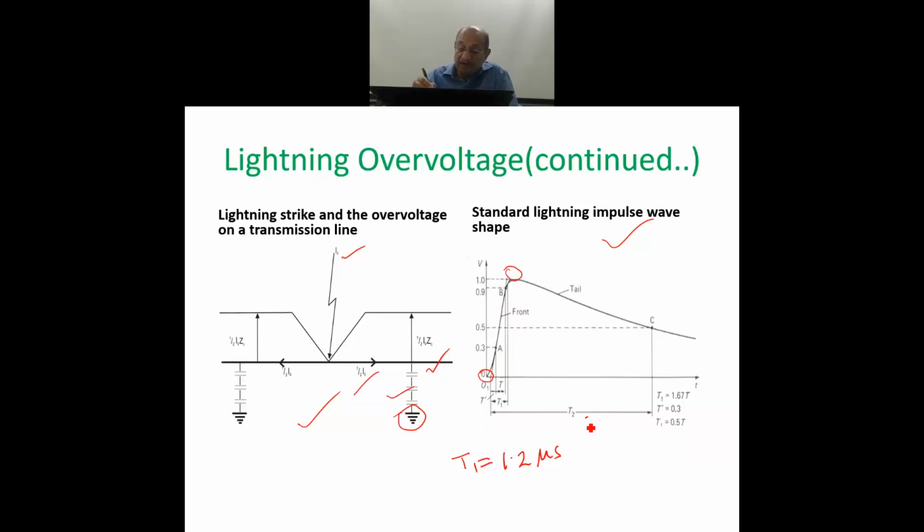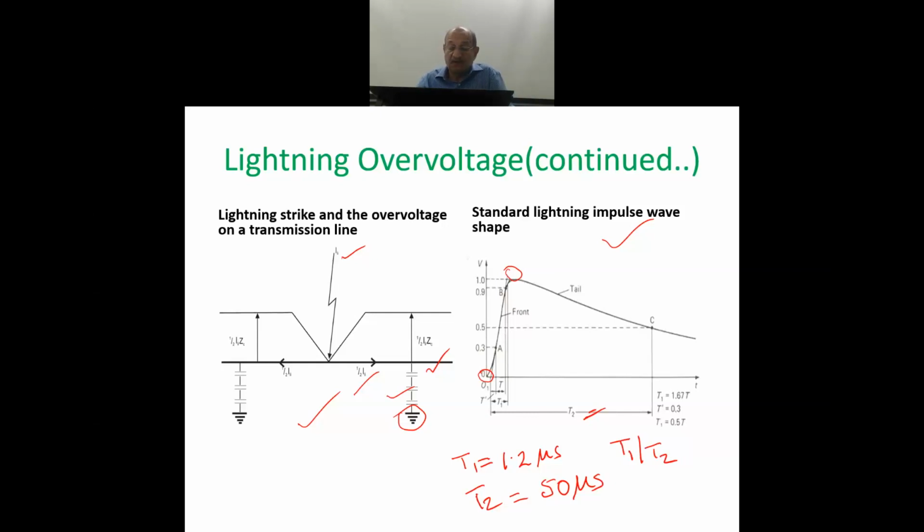And this 50% of the value, T2 in this case, is equal to the standard lightning impulse wave, in microseconds. So the T2 is 50 microseconds, and the wave shape is defined as T1 by T2.